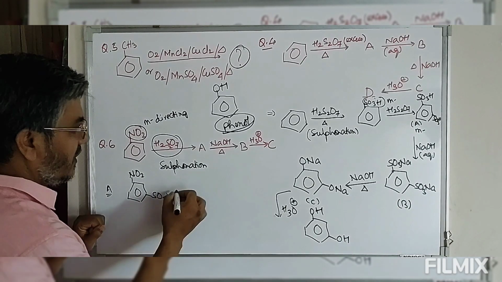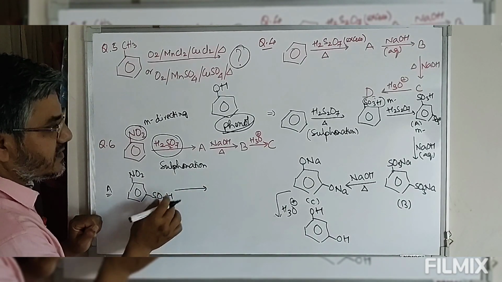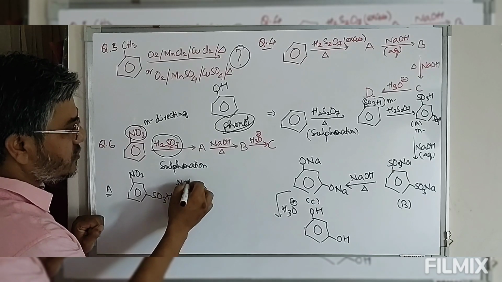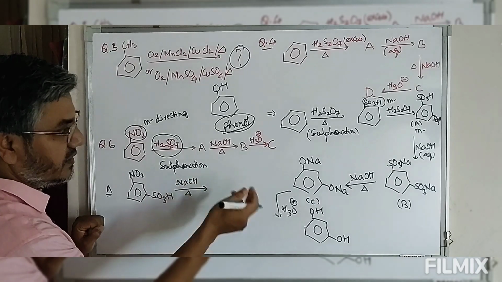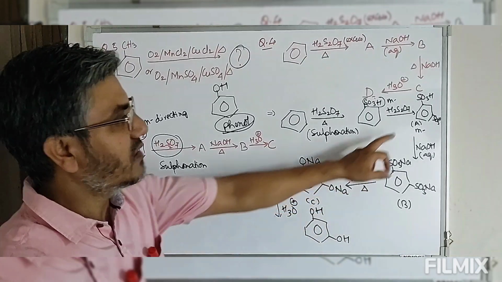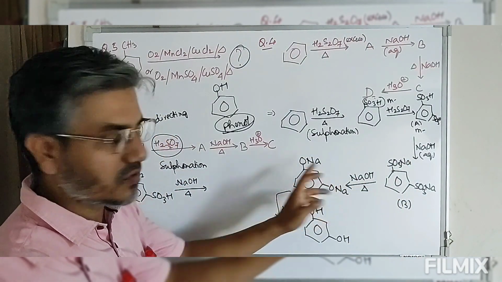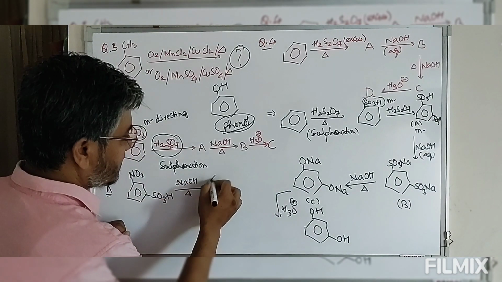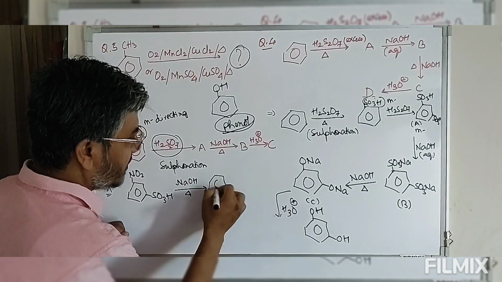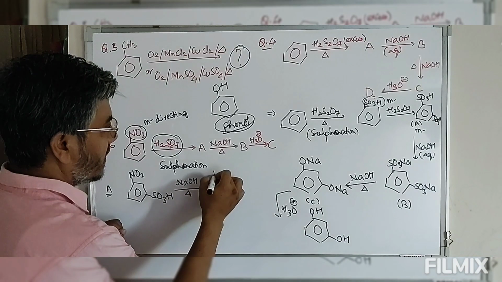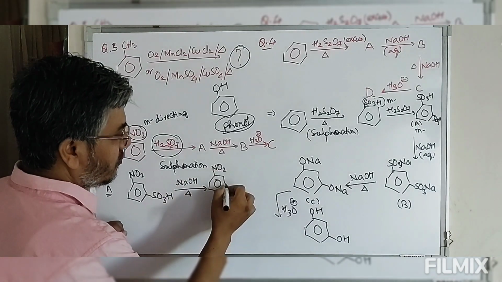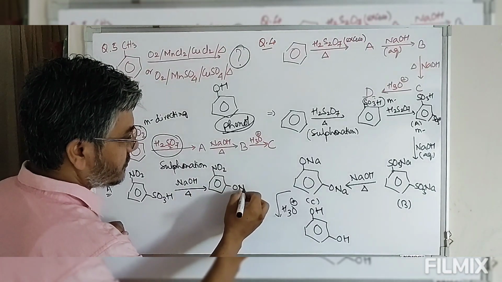So this is A. Now A, sulfonic acid on fusion with sodium hydroxide, we have seen earlier reaction. Sulfonic acid group fusion with sodium hydroxide gives you sodium salt of phenol. So this means sulfonic group will be undergoing desulfonation and phenolic group will be introduced.